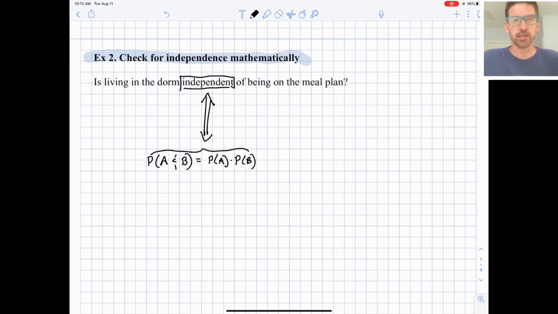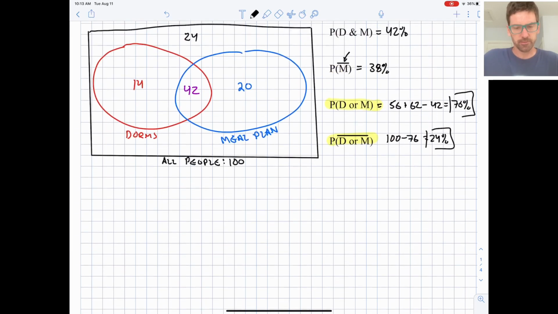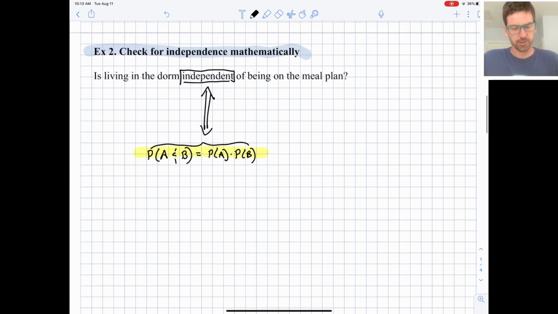So we can show that things are independent if we can show that the and statement, this formula, works out. So let's go do it. Going up from above, what's the probability of both? 0.42.